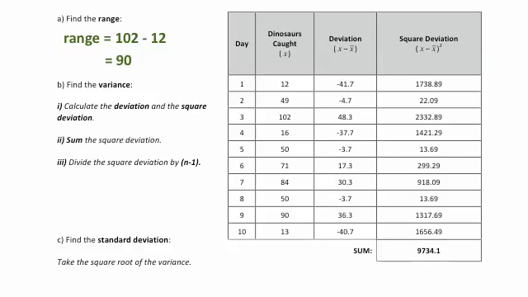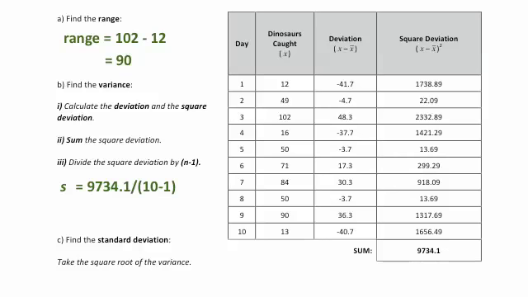So what we do then is, for each of these deviations, we square them. And then we take the sum of all of these square deviations. In one of the final steps, we divide by n minus 1 because this is a sample.